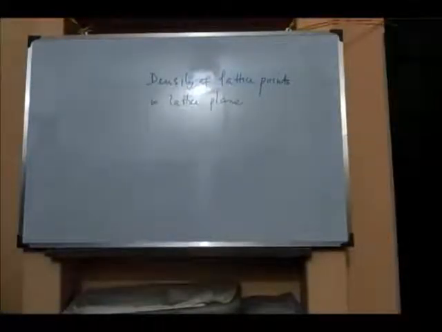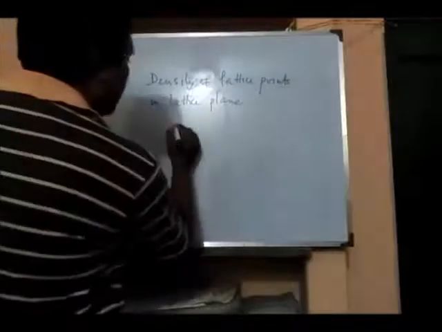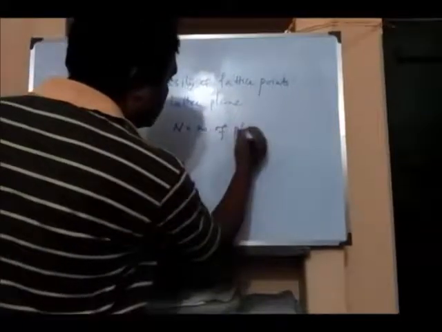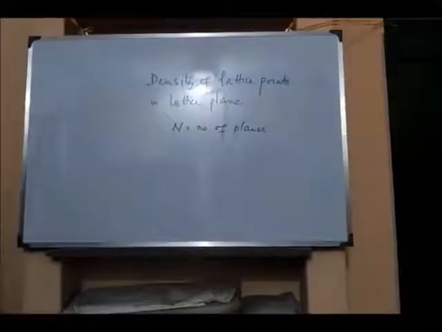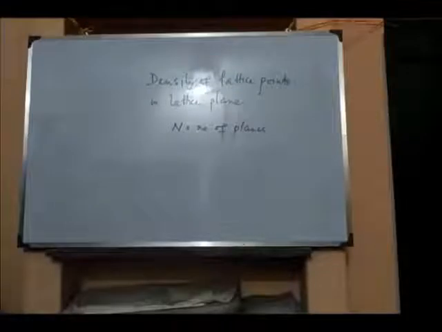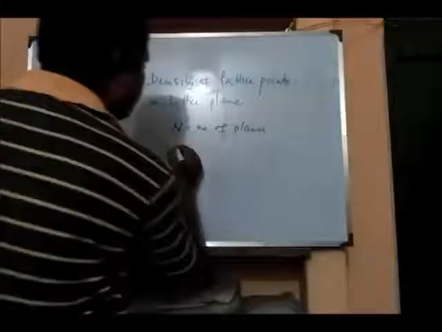Consider that there are capital N number of planes that exist for a specific type of Bravais lattice, and A is the area of cross section of each plane.